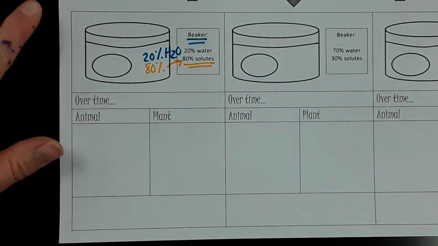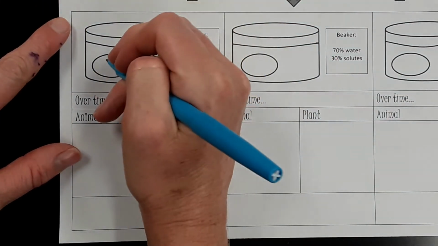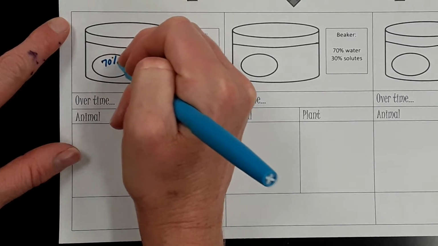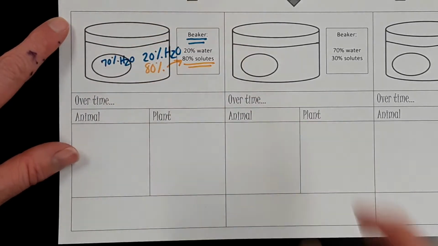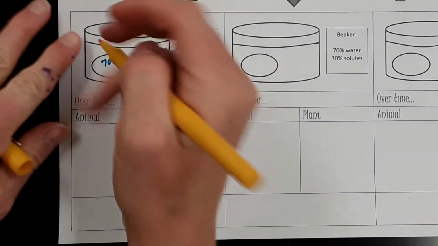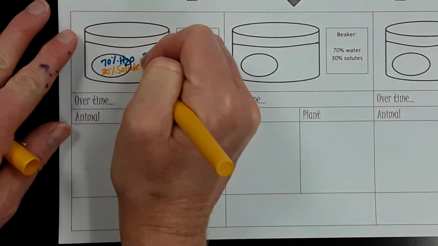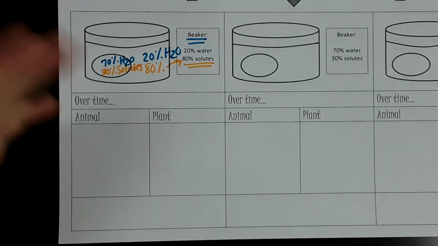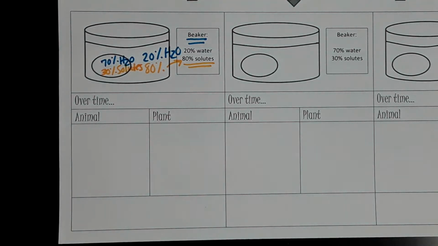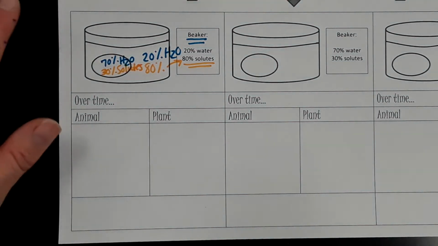Our cell is 70% water on the inside and 30% solutes. Water is the one we're interested in, and it is going to move from an area of high water concentration to low water concentration.